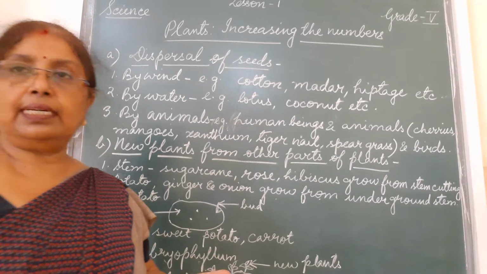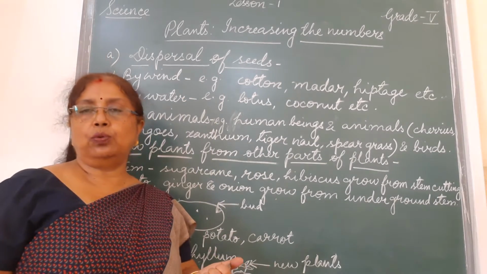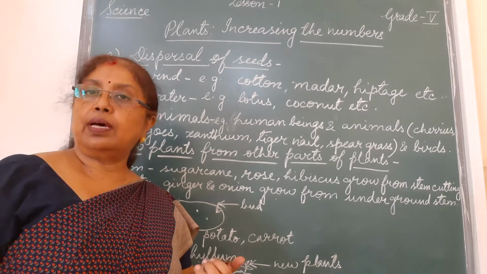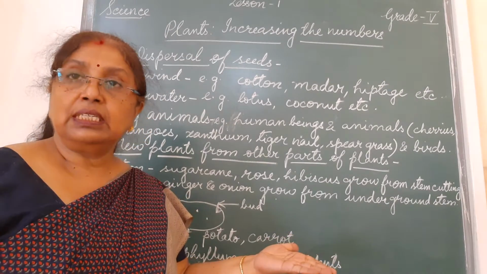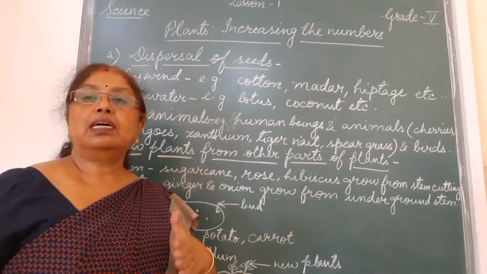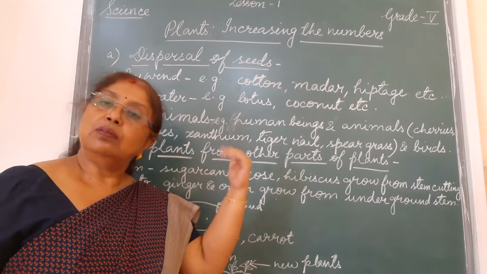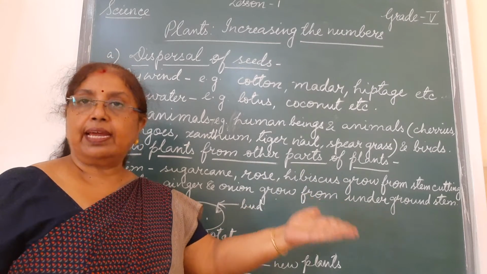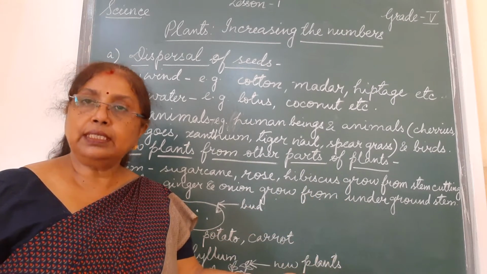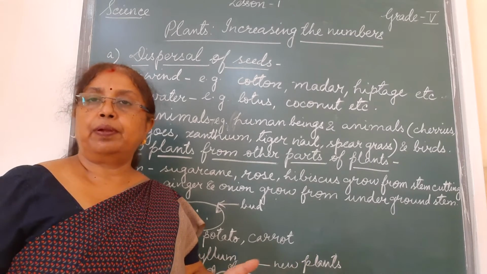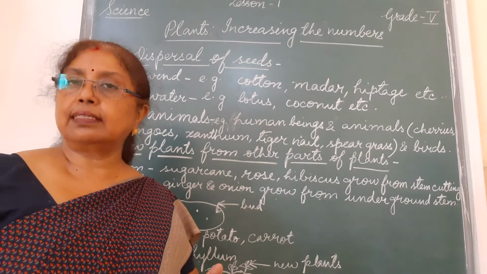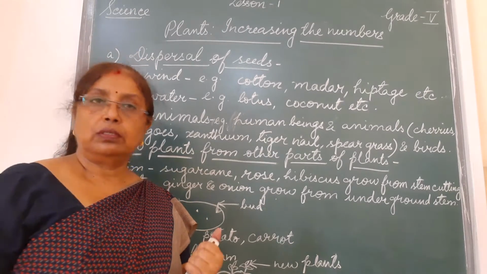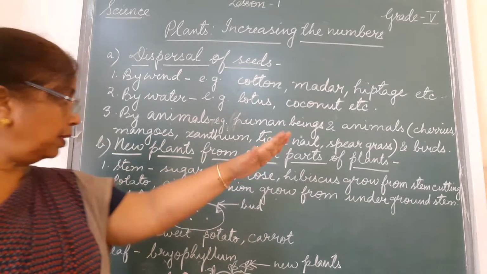So these kind of seeds get stuck up to the clothes of the human being or the body hair of the animals or the tail of the animals, and they are carried away along with them to far other places, and there if they get enough favorable conditions, means proper amount of space, air, sunlight and moisture or water, then they grow into a new plant.